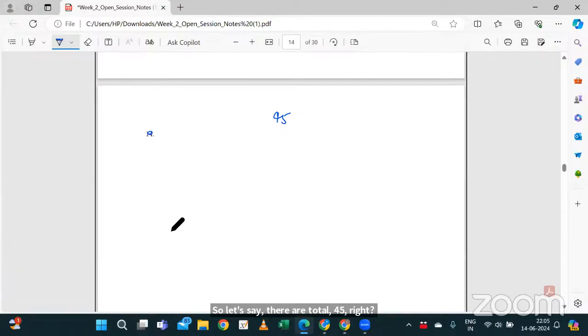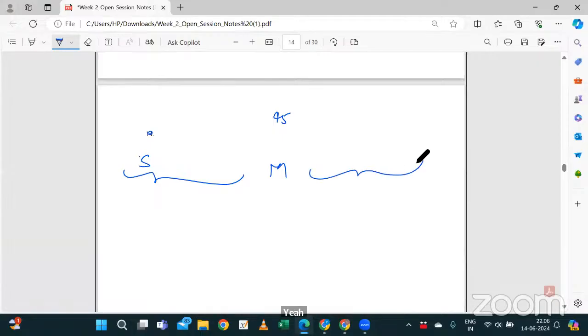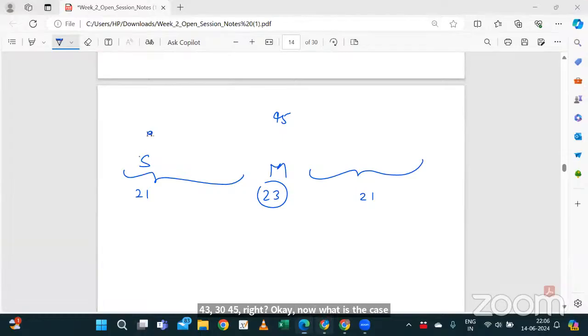Suppose this is S, and this is M. So this will be 21, 42, 43, including the middle one. There are 45 in total. Now what is the case? Suppose one for A. What is question 4?